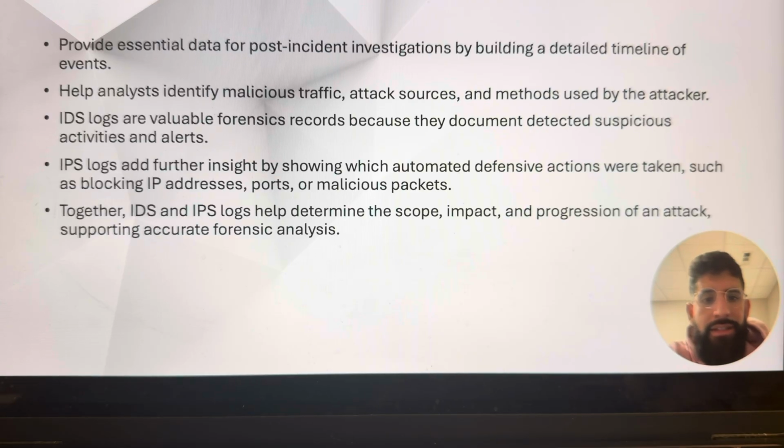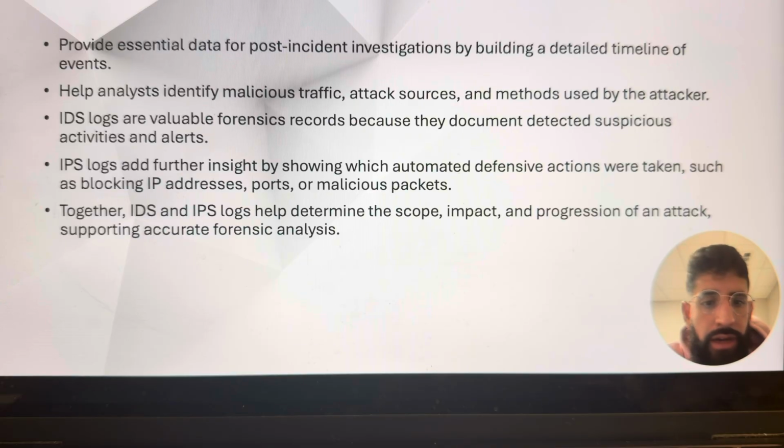How are IDS and IPS used in computer forensics? They provide essential data for post-incident investigations by building a detailed timeline of events, and help analysts identify malicious traffic, attack sources, and methods used by the attacker.